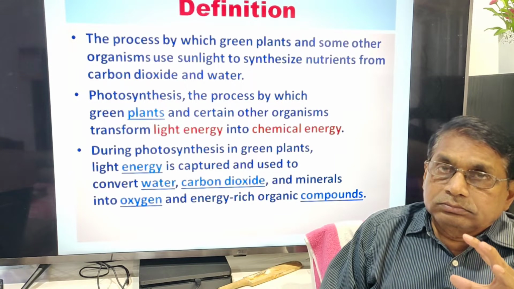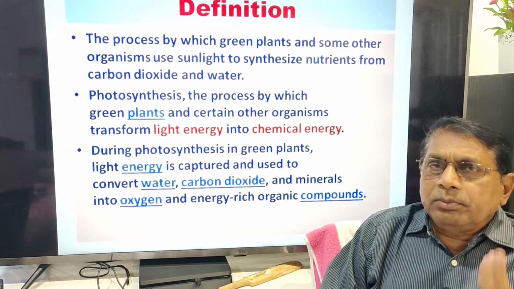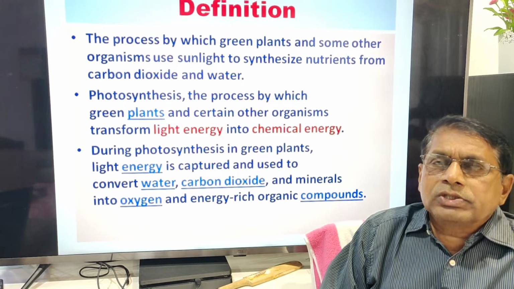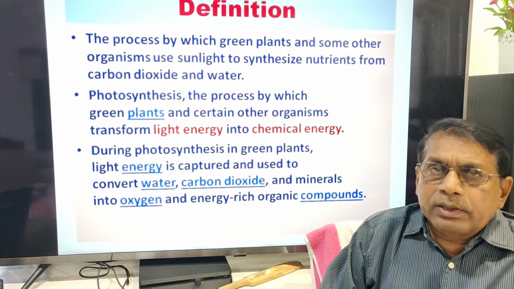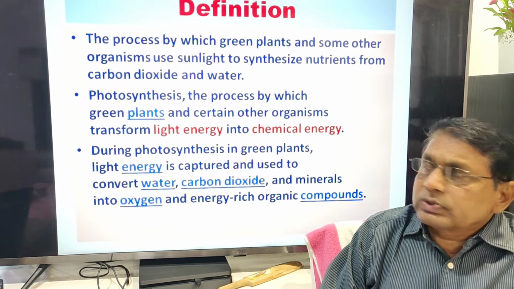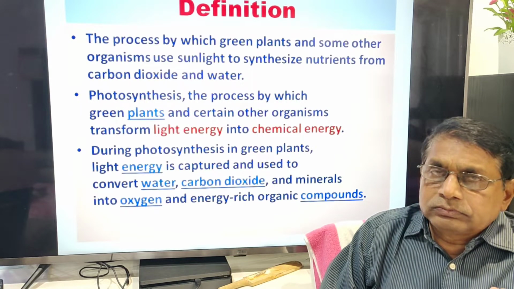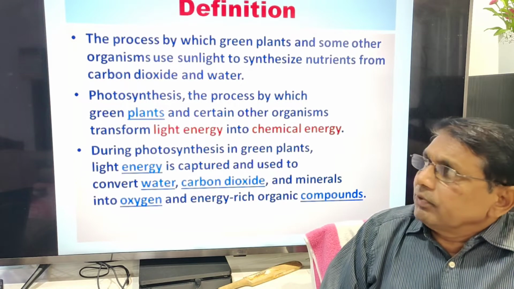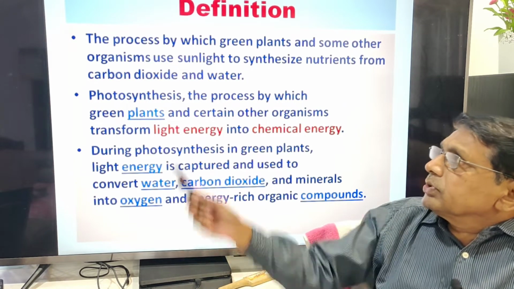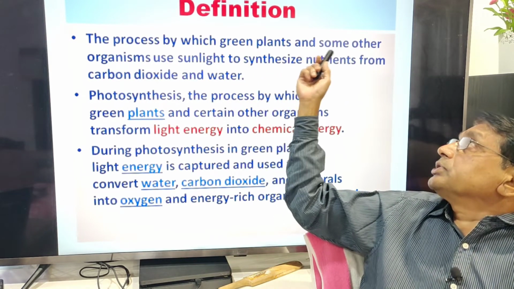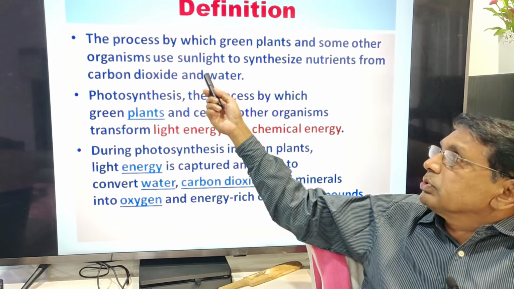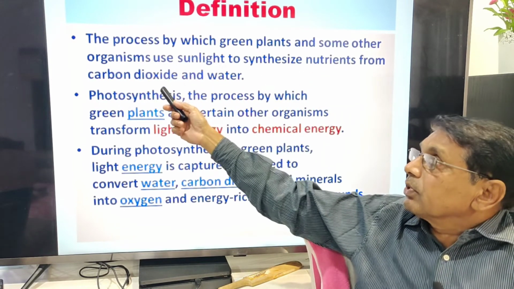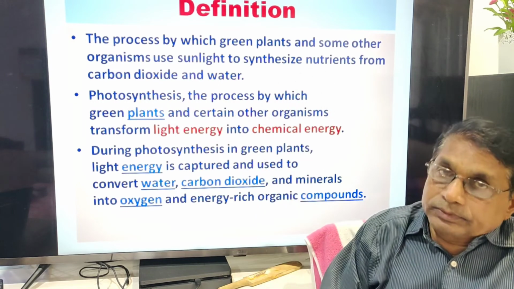Definition. From time to time different types of definitions are provided by the scientists for photosynthesis, but almost all of them are the same with slight variations. The process by which green plants and some other organisms use sunlight to synthesize nutrients from carbon dioxide and water.